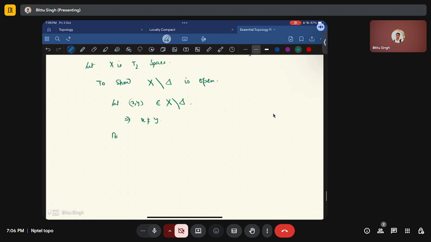By Hausdorffness, Hausdorff and T2 are the same, there exist open sets U and V containing x and y respectively, such that their intersection is empty, right?